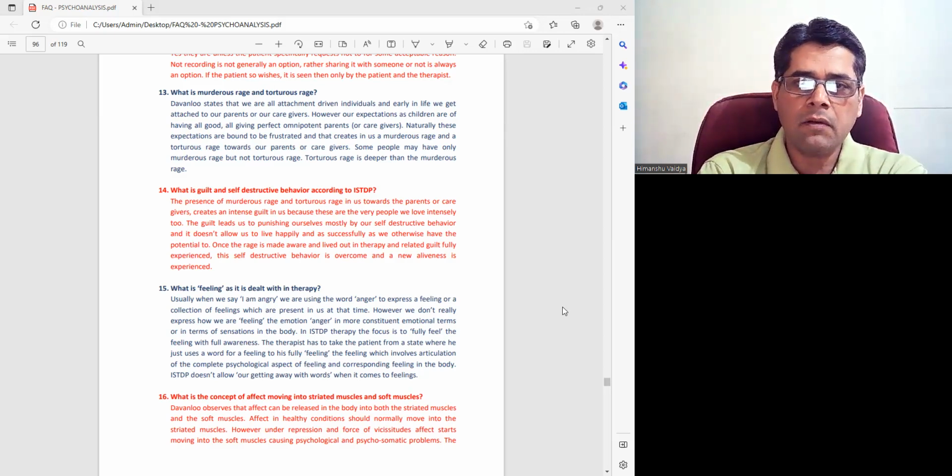If the patient is going into smooth muscle zone or CPD zone, we have to stop the pace of our pressure, the pace of inquiry and pressure, and go into anxiety regulation, because these are unhealthy levels of anxiety, counterproductive levels of anxiety. So we don't want to be in CPD, we don't want to be in smooth muscles, we want to be in the striated. So if we are not in striated, we have to get into anxiety regulation to come back to striated.